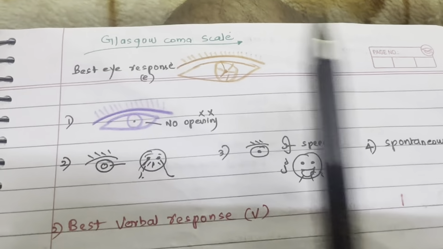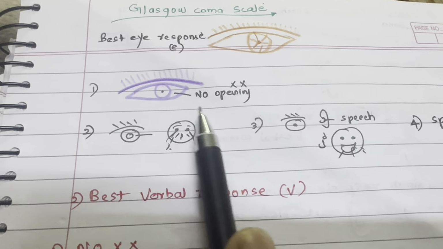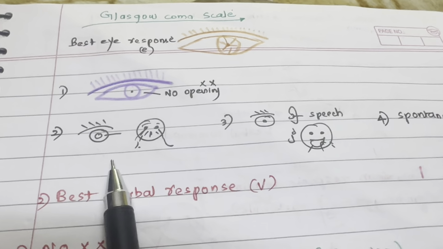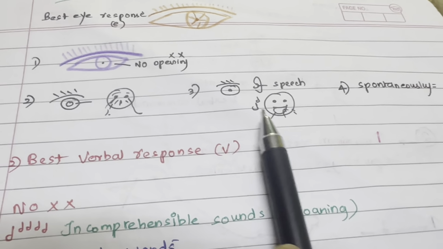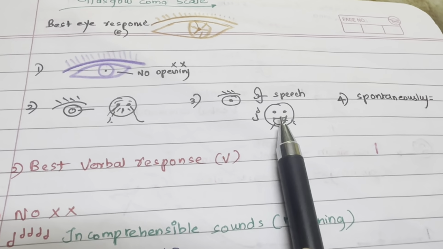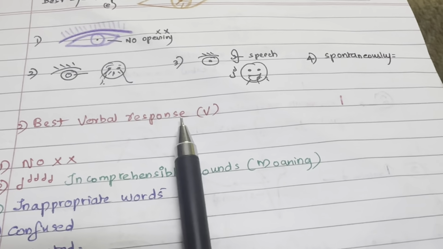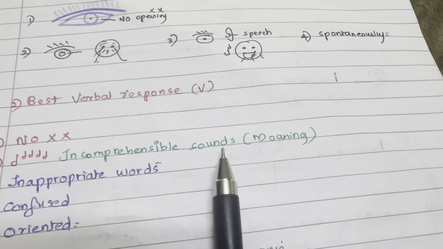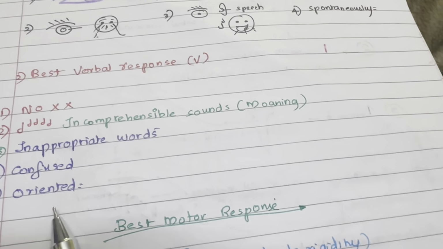Next is the Glasgow Coma Scale. Best eye response: no eye opening, that is 1; eye opening to pain, 2; eye opening to speech, 3; eye opening spontaneously, 4. Best verbal response: no verbal response, incomprehensible sounds, inappropriate words, confused, oriented.